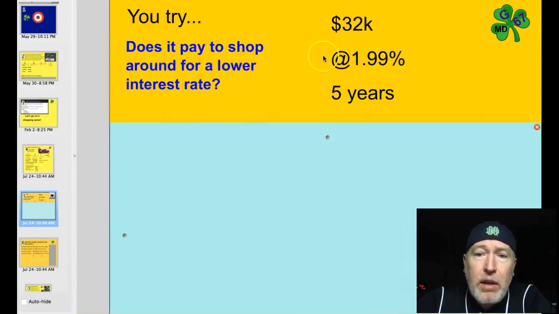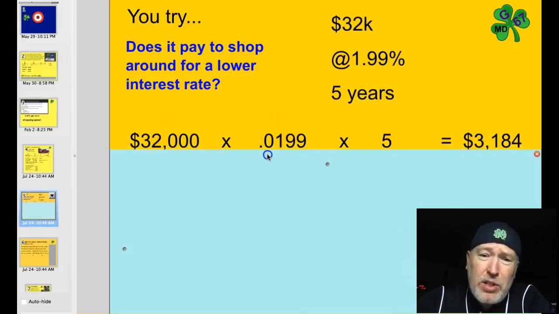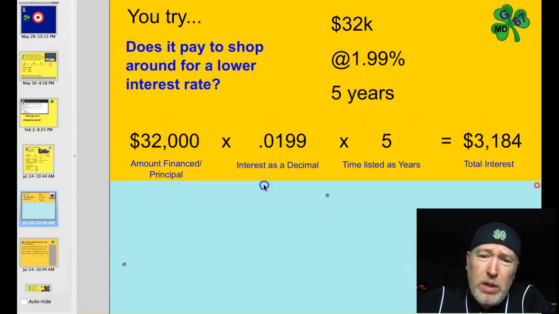I recently bought a truck, and I only paid 1.99% interest for 5 years. Let's think about that. If I was buying that same truck that Connor bought at $32,000, there's $32,000, that's our principal, times 1.99%. Well, that's 0.0199, less than 2%.